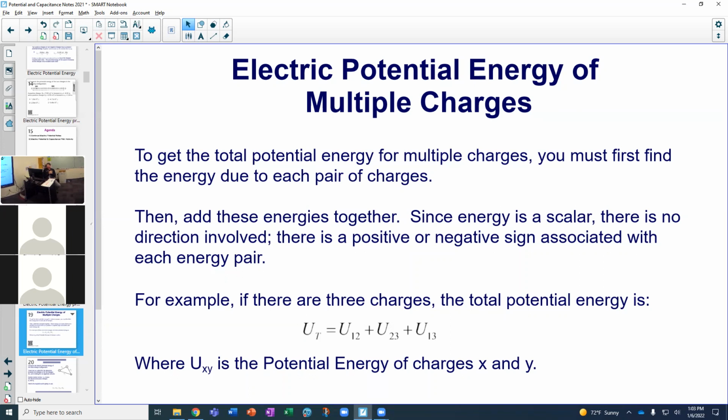So if we have 3 charges, then we would find the total potential energy of the system by taking the potential energy from object 1 to 2, object 2 to 3, and object 1 to 3. You can see the subscripts there, x and y, which are just telling you which 2 objects you're comparing at a time. Any questions about that thought process?